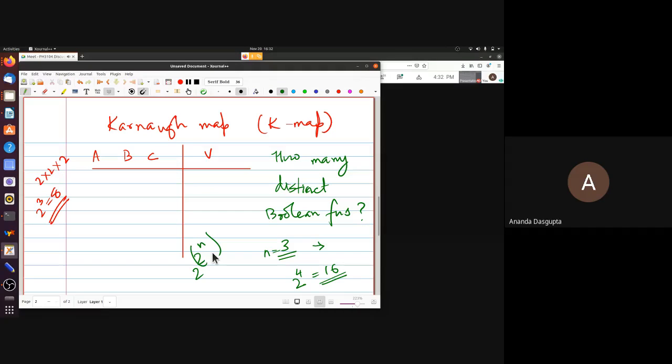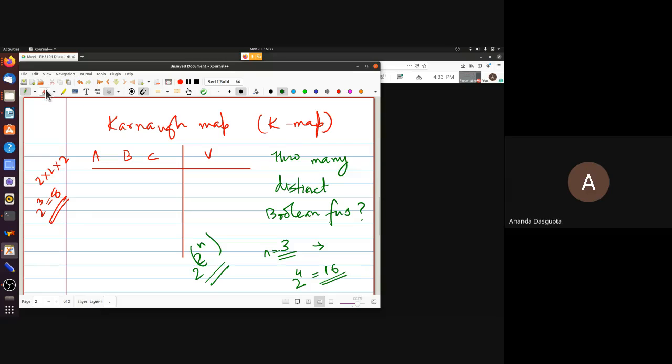In general, there are 2 to the n possible inputs. If you have n inputs, 2 to the n possible input combinations, for each of them, there are 2 possible outputs. So you get 2 to the 2 to the n. That's a pretty large number. Even for 3 inputs, that's actually 2 to the 8, which is quite big. Not 16, square of that. 256 functions possible with three inputs.